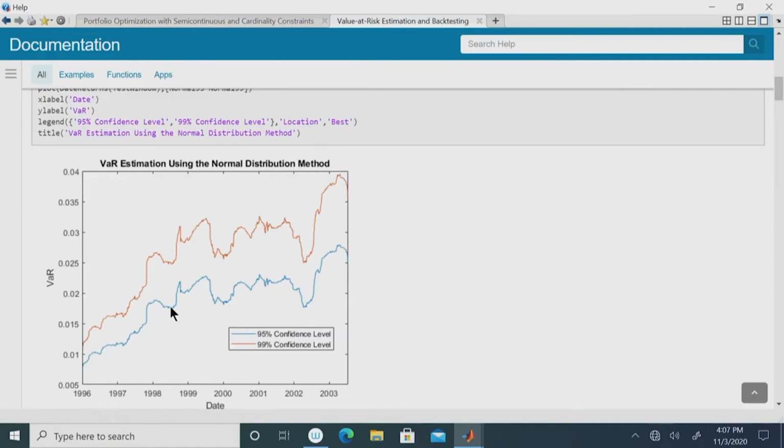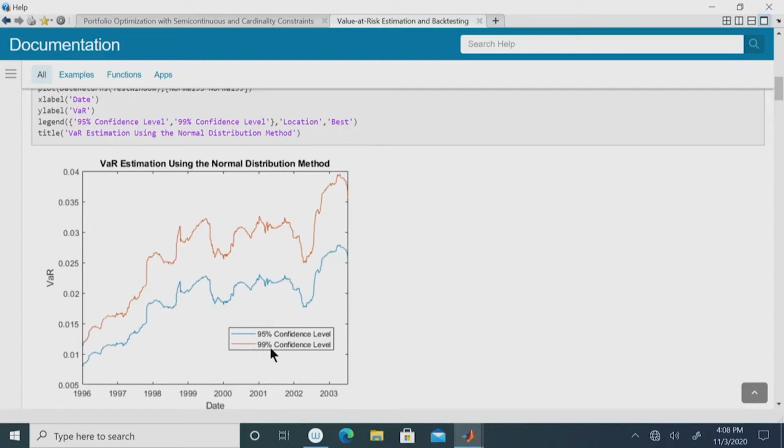So, if you are making use of this VaR using the normal distribution, you are going to have a VaR on a daily basis, and if you plot this VaR, that is the value at risk for this entire period under consideration, what you see here is the progression of the estimate of VaR making use of the normal distribution method. The one in blue is at a 95% confidence level, and the orange graph is the one at 99% confidence level.